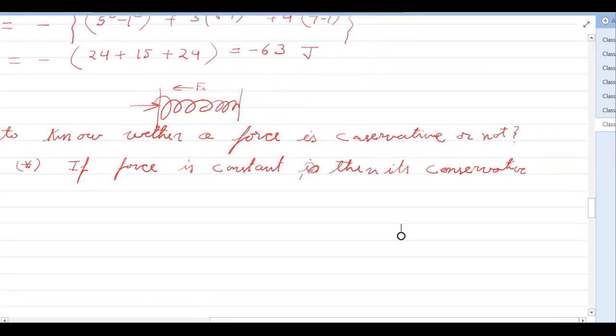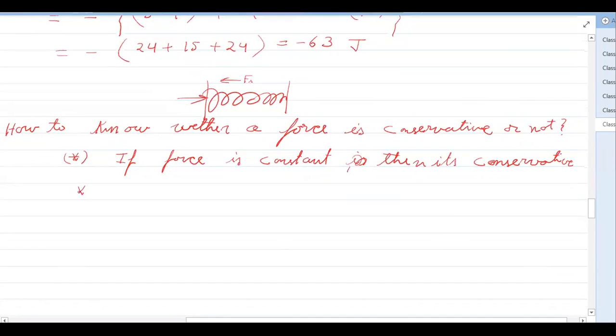Second, if the i cap component is a function of x only, the j cap component is a function of y only, and the k cap component is a function of z only, then that is also conservative.